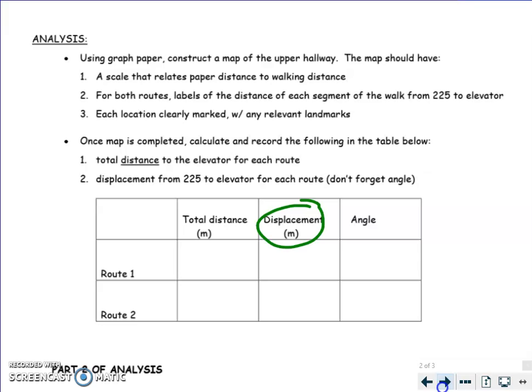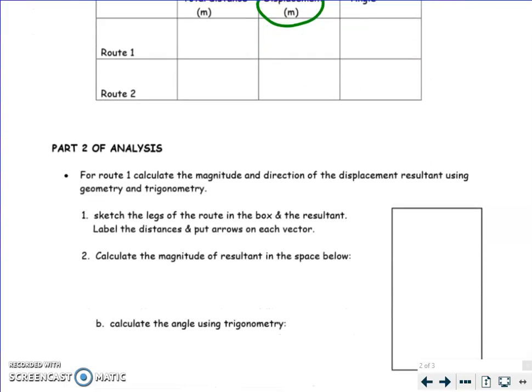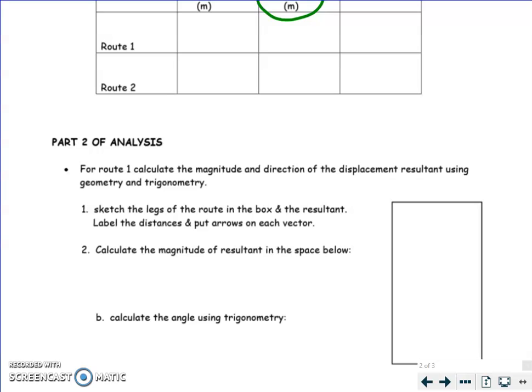I'm going to try to explain the analysis for you without doing it for you. You're going to use this analysis later, and you're going to do the same thing just for route 1. I'm not going to ask you to do it for route 2. I'm solving for the displacement using geometry, the Pythagorean theorem, and trigonometry using the tangent that we saw in the notes.